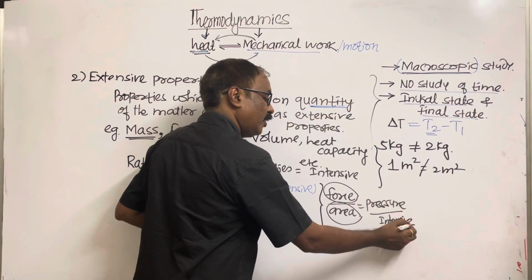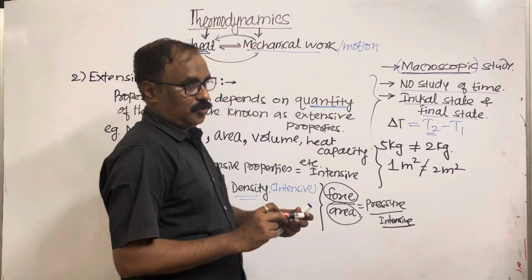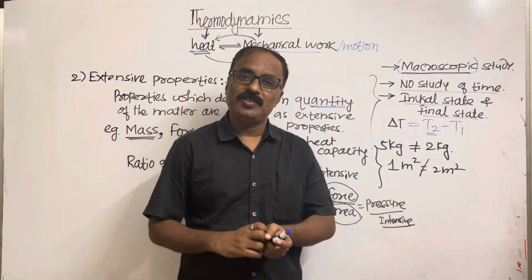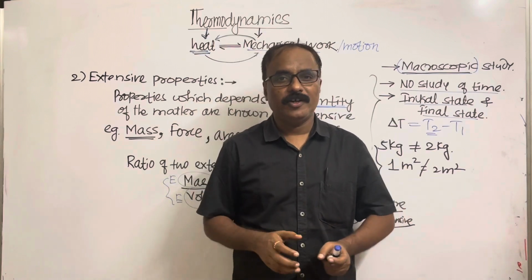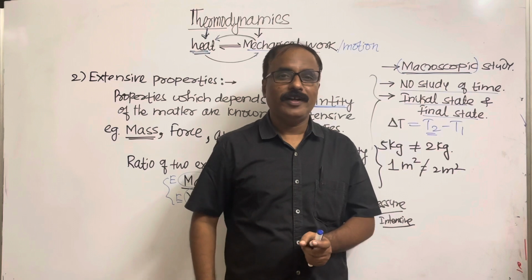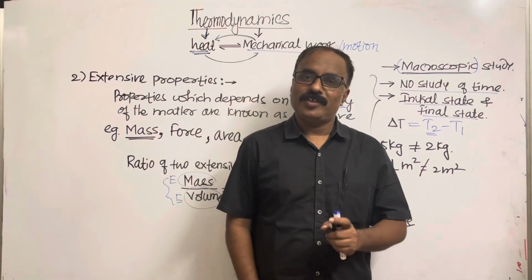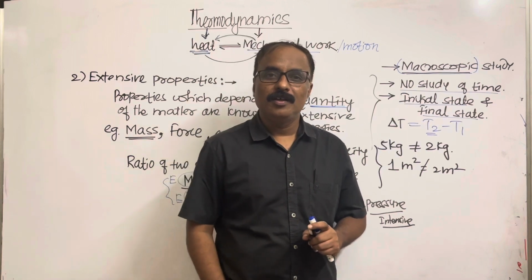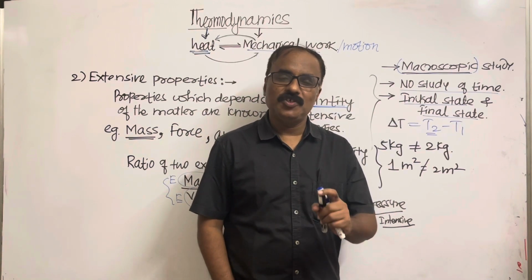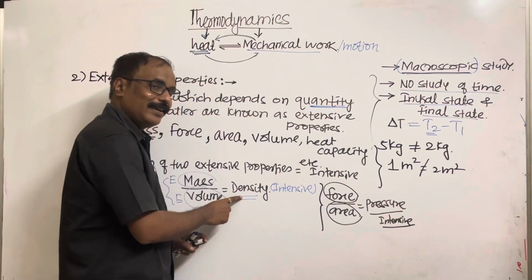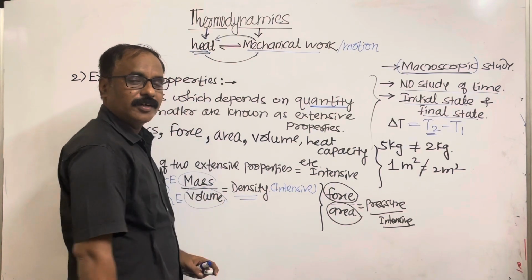So what is definition of intensive property? Property whose parameter does not depend on quantity of the matter. It depends on nature of matter. That property is said to be intensive property. And in case of extensive property, property whose parameter depends on quantity of the matter, that property is said to be extensive property. A ratio of two extensive properties is intensive property, isn't it?